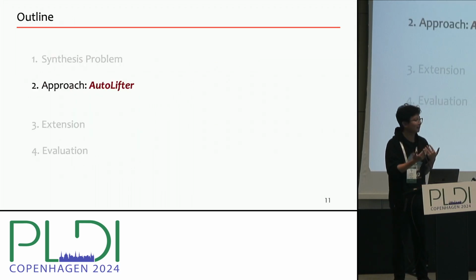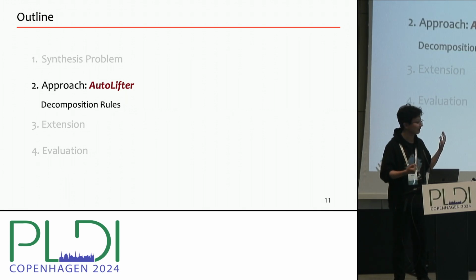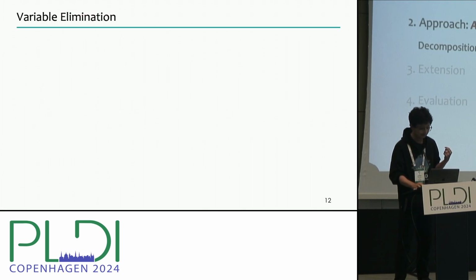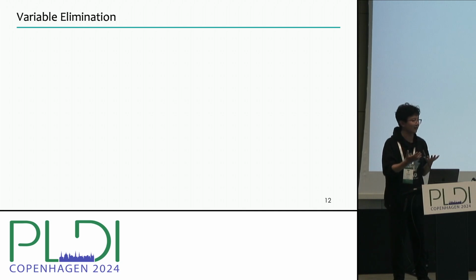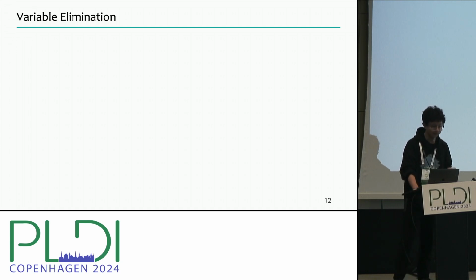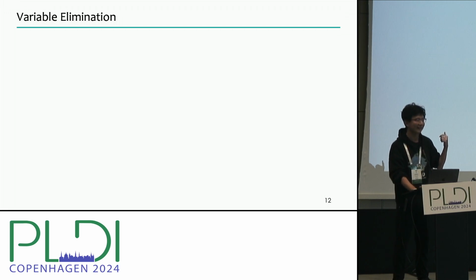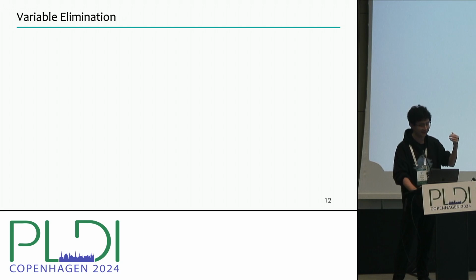Following this line, we propose our approach, AutoLifter, that incorporates a bunch of specialized decomposition rules for this kind of specification. Now I will just show you the most interesting one, but there are several others in our paper. This decomposition rule, we name it variable elimination because it can eliminate one variable from the specification.